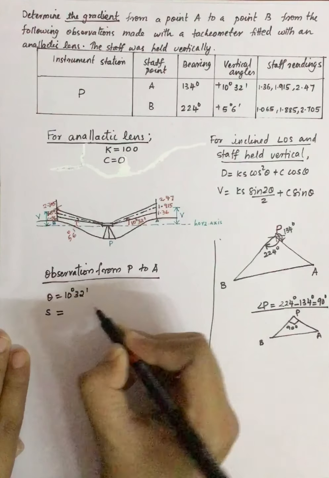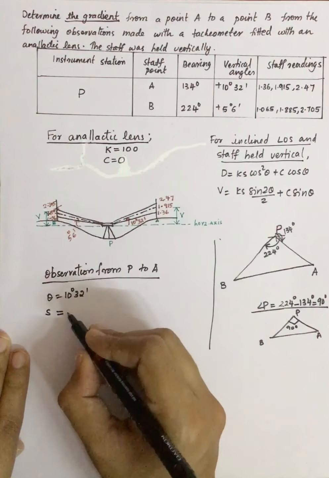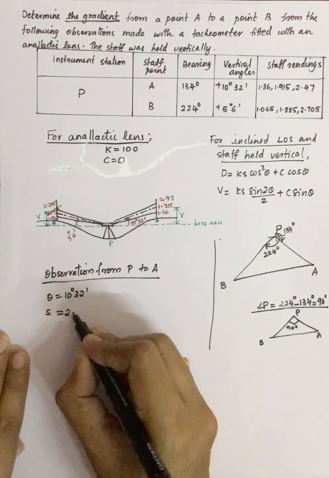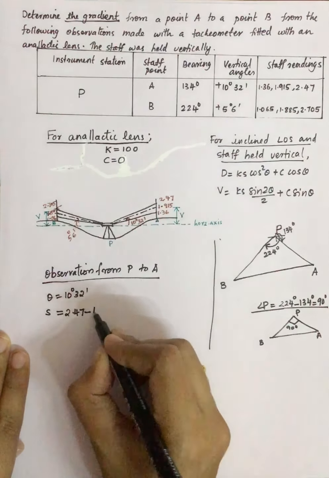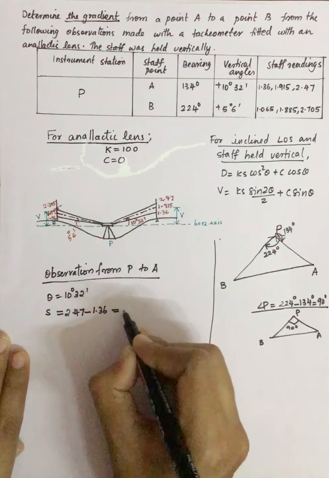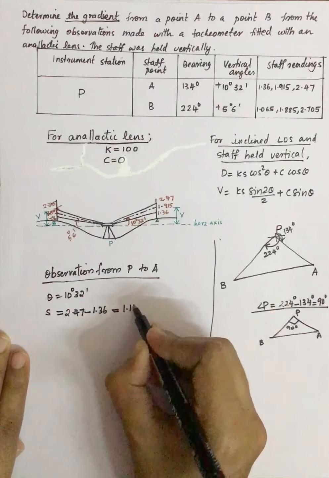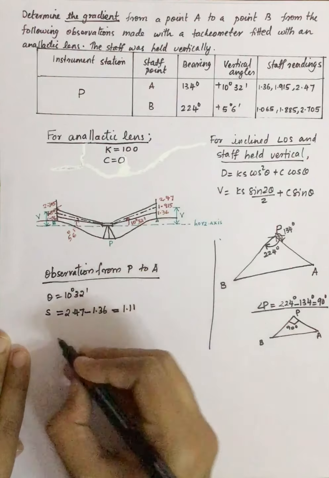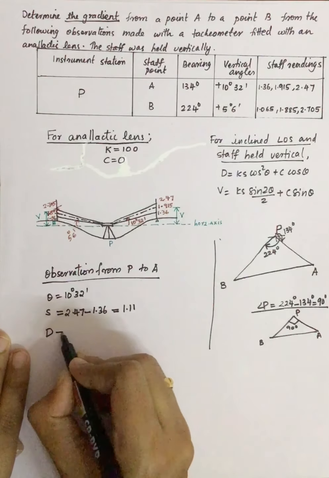How much is the staff intercept? It is upper reading minus lower reading. That is 2.47 minus 1.36. It is 1.11.